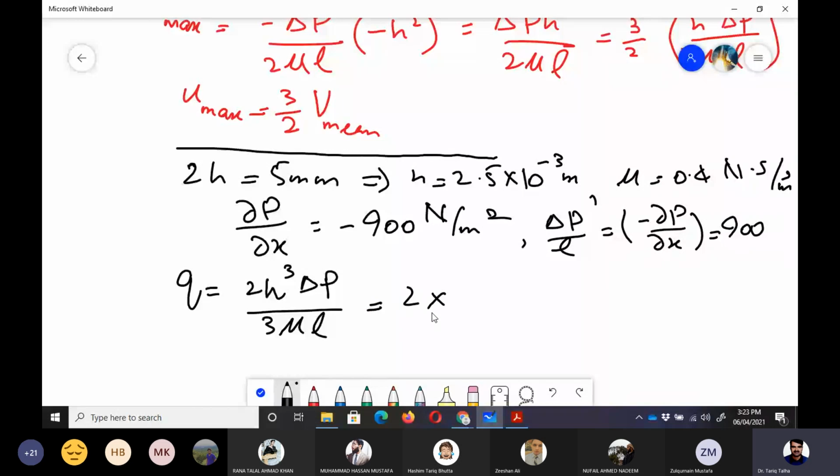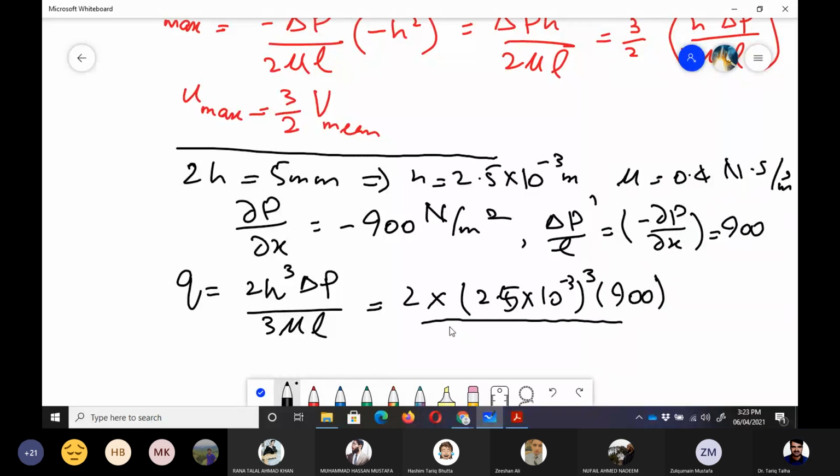Now we can put the values: 2 into 2.5 into 10 to the power minus 3 cubed into 900 delta P by L, which is the value, and then 3 into mu value, which is 0.4.